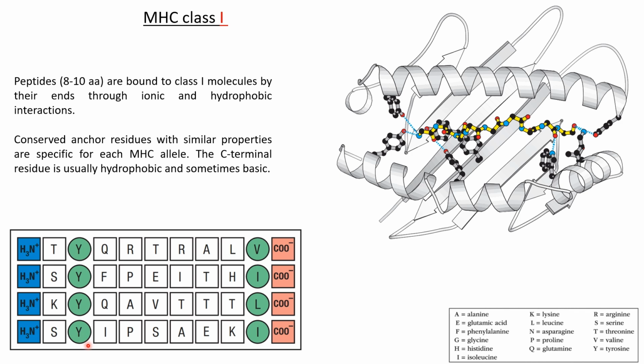Most proteins have a few tyrosines in them, and these proteins get cleaved inside the cell, and we'll look at that starting with the endogenous pathway, how they get cleaved.